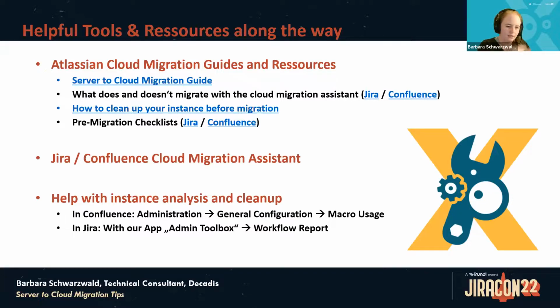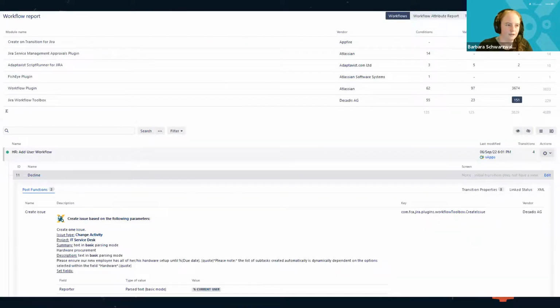So if you have any apps that include workflow functions like additional validators or additional post functions, and you're not really sure if they're used and where and how much, then this information will inform the effort you will have to put into potentially manual migration of this stuff. Then you can use the workflow report to get a look.